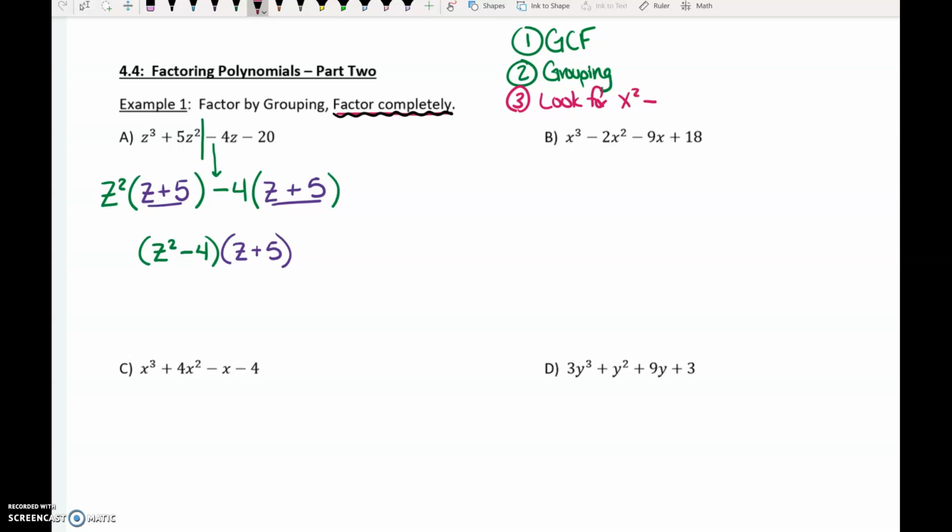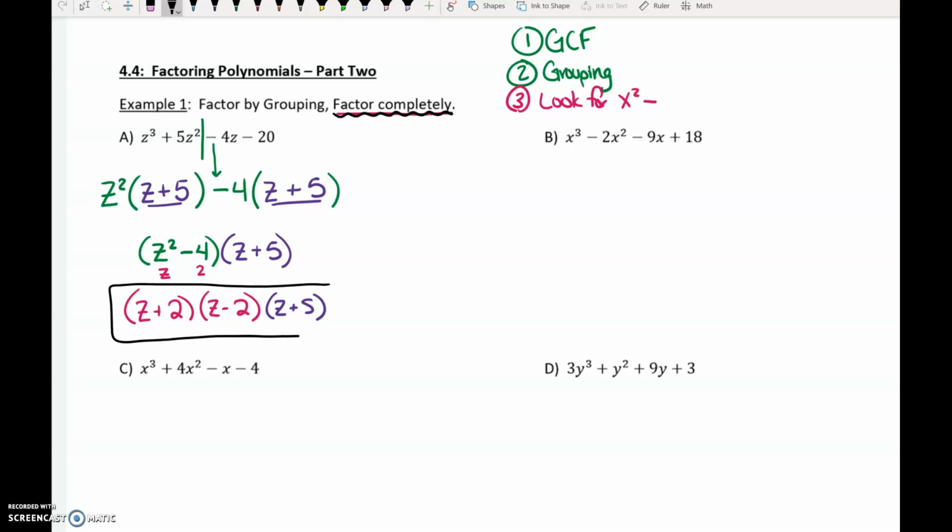X squared minus, or in this case z squared minus, means that there might be a difference of 2 squares hiding there. So z squared is the perfect square of z, 4 is the perfect square of 2. So that part factors into z plus 2, z minus 2, and we have the z plus 5 from above. That is fully factored.